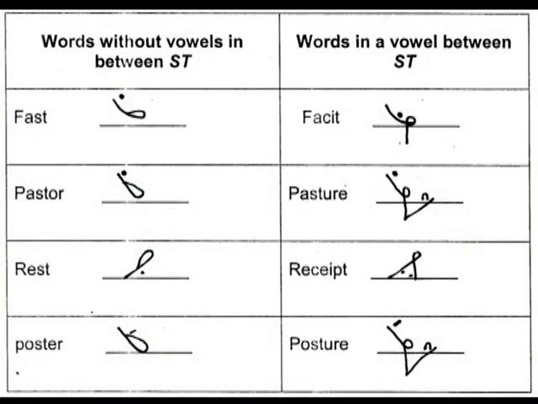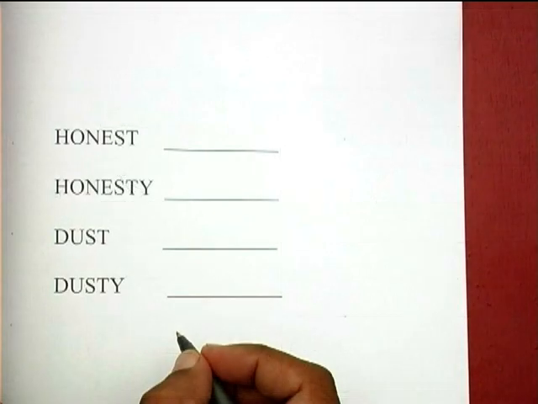If there is a vowel in between the sounds of S and T, or ST and R, the word should not be written by using the loops ST or STR, but the outline should be written in full. This will be cleared by observing this table. If there is a vowel after the final ST or STR, the outlines will not be written by using the loops.